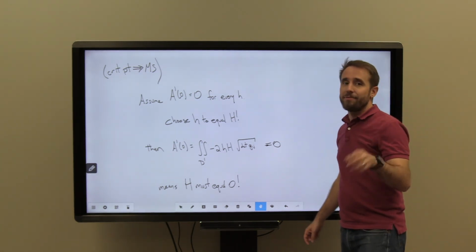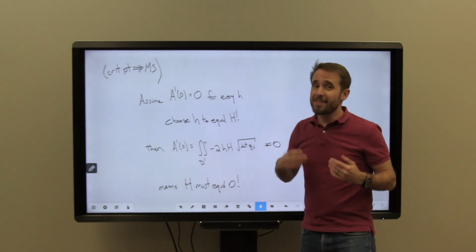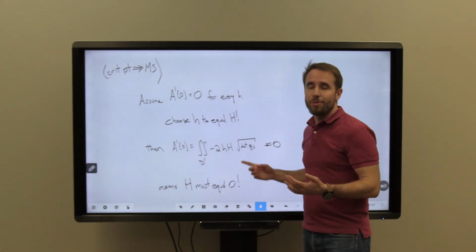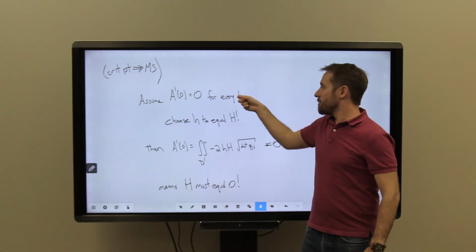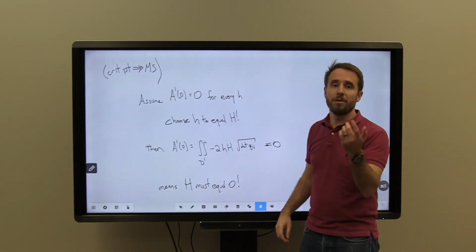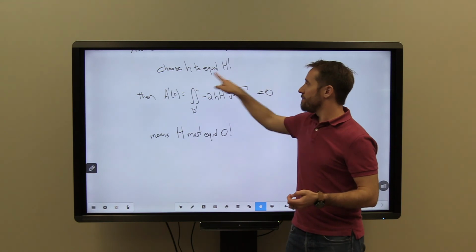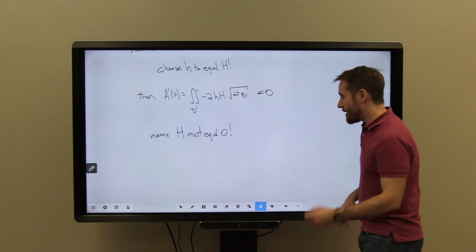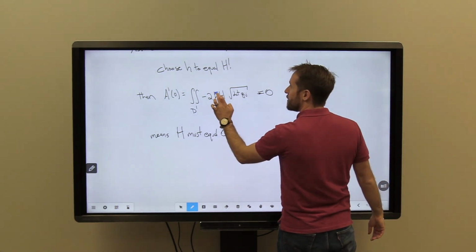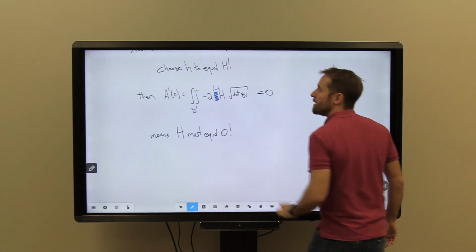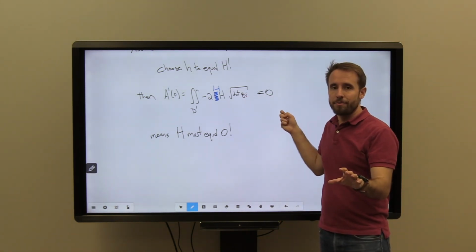The trick to doing this, very slick, is to just say if this is true for every little h, let's assign little h to actually equal capital H. So if this is true for every little h, then it should be true for little h equal to big H. And so what we have is that this integral must equal 0.